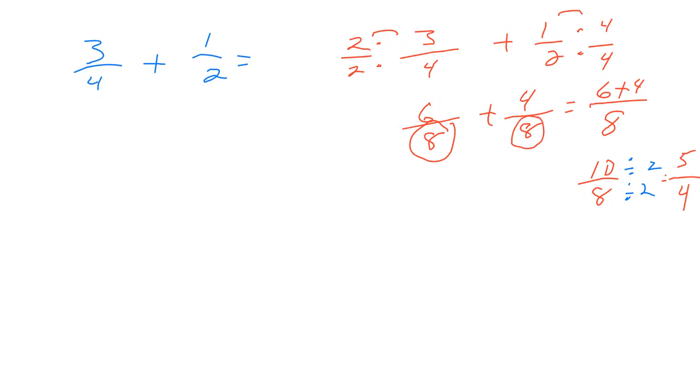And the other way, if I want to find the least common denominator, then what I should do is look for factors of these denominators, okay? And factors are just saying 1 times 2, I'm sorry, hang on.